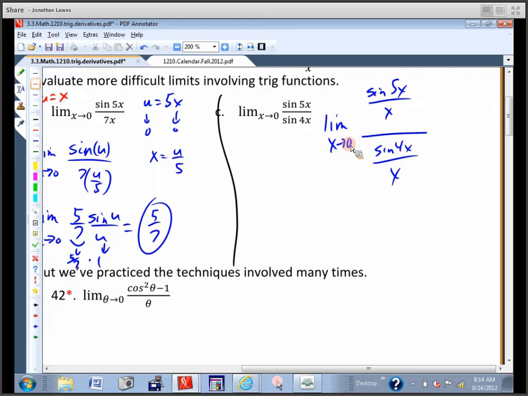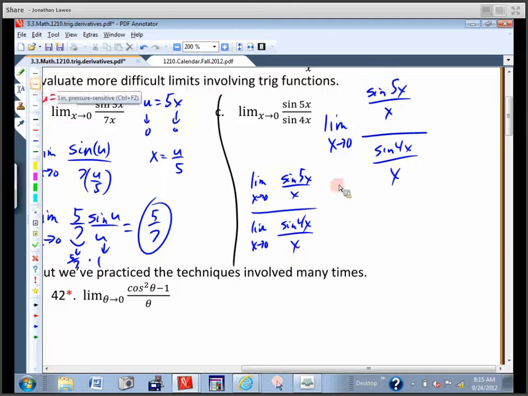So using the limit laws, I can break this up into the limit as x approaches 0 of sine of 5x over x, divided by the limit as x approaches 0 of sine of 4x over x. Now, we could go through the trouble of doing this. Everybody watch, you don't need to write it.